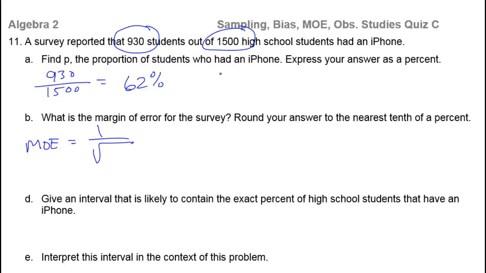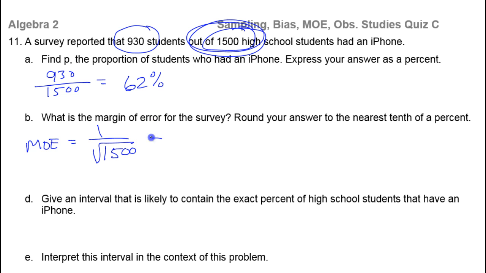It's 1,500, okay? Because the sample size is how many people took the survey, right? 930 people said they had an iPhone, but 1,500 people took the survey. And that's your sample size, how many people took the survey. So it's going to be the 1,500, not the 930 that goes right there.